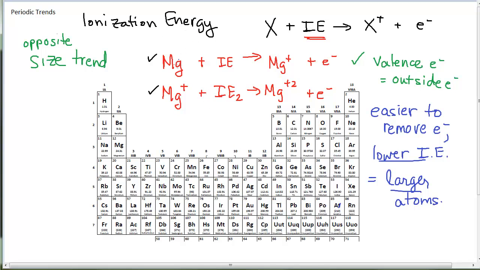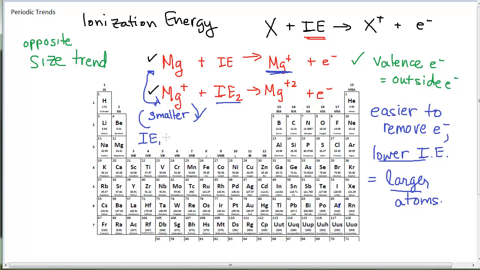We also can see, remember that once we remove that first electron from magnesium, magnesium with a +1 is actually smaller than magnesium that is neutral. And so our second ionization energy is going to be larger because I'm trying to remove it from a smaller species. And we see that trend on all successive ionization energies.